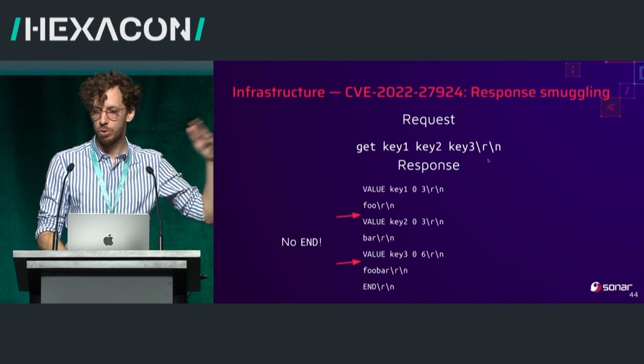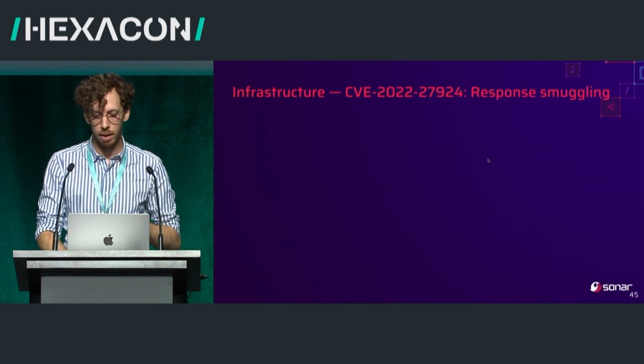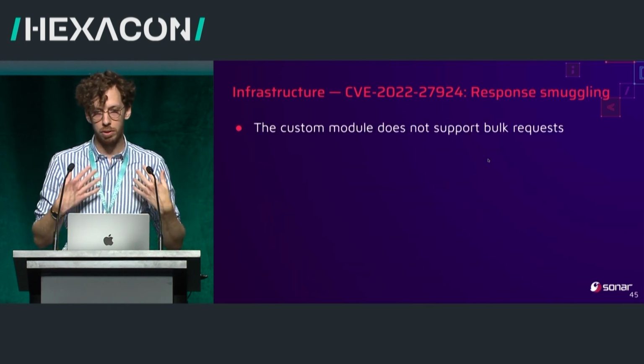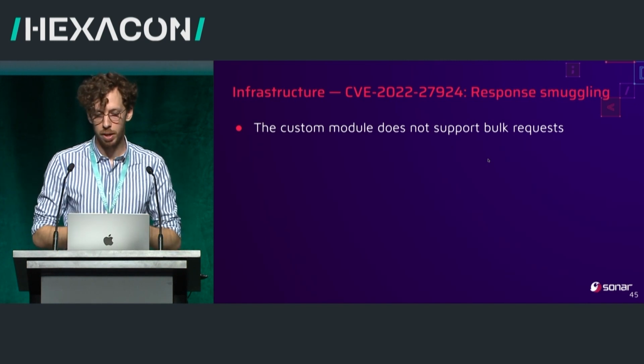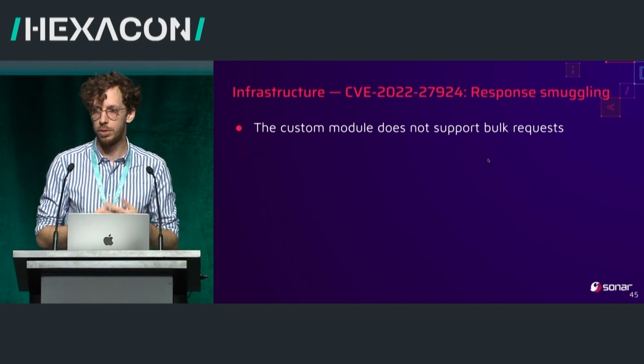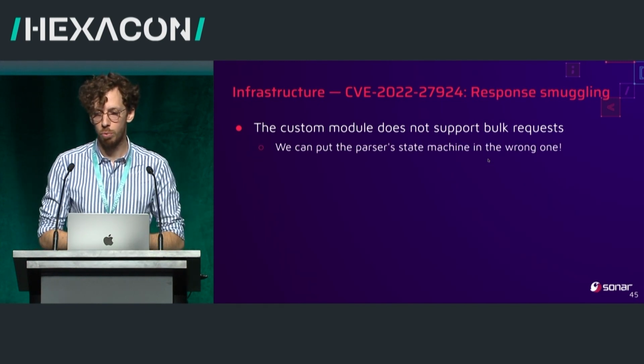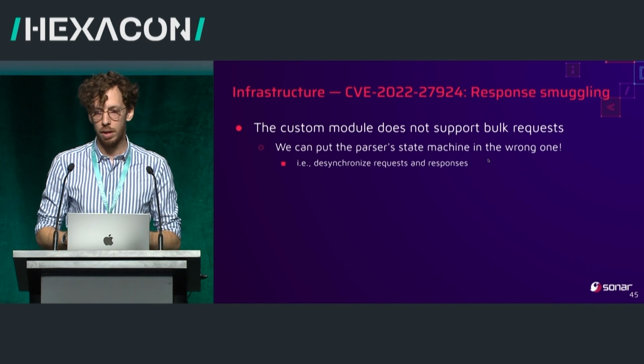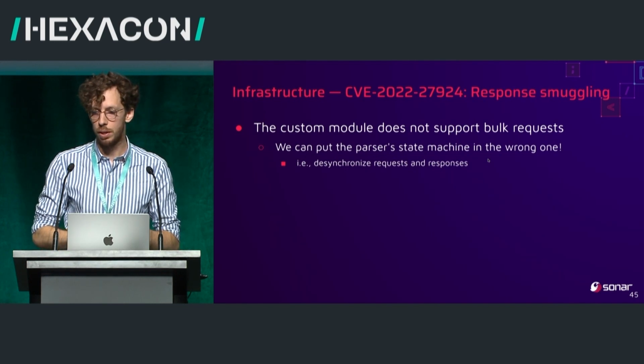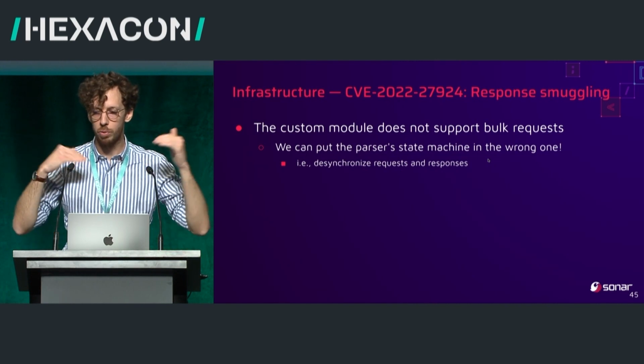It's not like the usual responses. And since this is a custom Nginx module, made from scratch, it doesn't have support for all these features because it's not used by Zimbra. So we can try to put the parser state machine into the wrong state and make it think that it's currently processing something it should not, and we can try to desynchronize requests and responses.